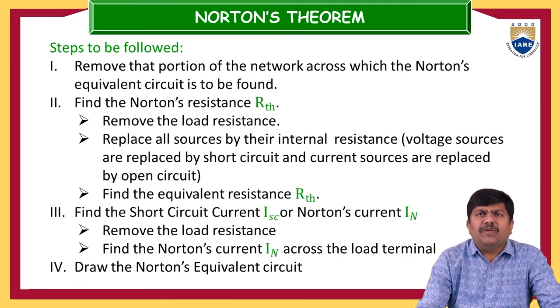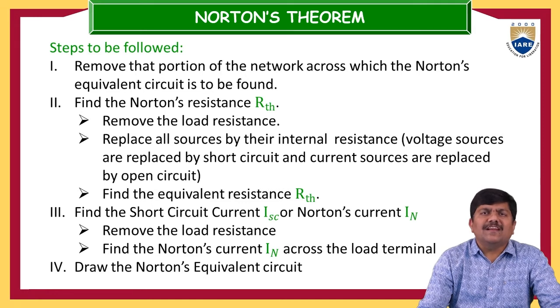The second point is to find the Norton's resistance, that is Norton's equivalent resistance or Thevenin's equivalent resistance, both are the same. And how are we going to determine that? You have to keep the active sources, that is voltage sources and current sources, with their internal resistance.